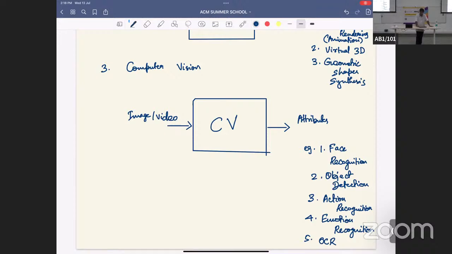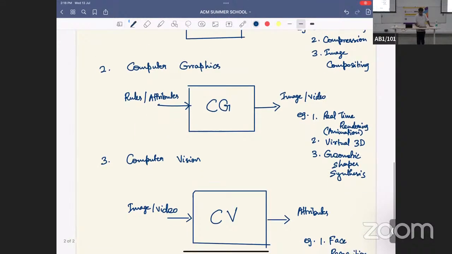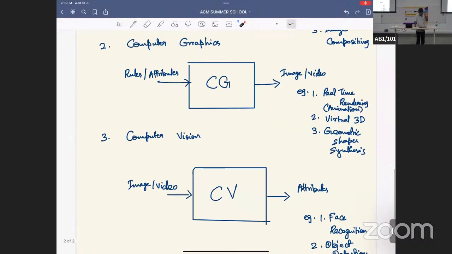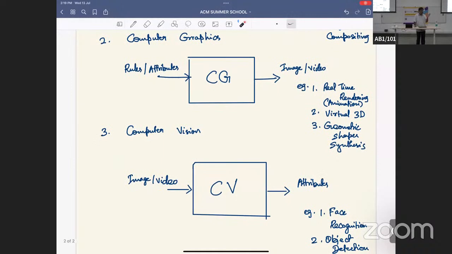Yeah, that's true. That's why this should go end to end. Suppose you want to get the attributes through the computer vision system, change the attributes to something else, and then resynthesize the image or video. So you should have something like an image or video to image or video kind of thing, right? In the classical sense, the typical computer vision task has only image or video as the input and attributes as the output. But even in the present scenario, after deep learning, there are two types of models you can have.